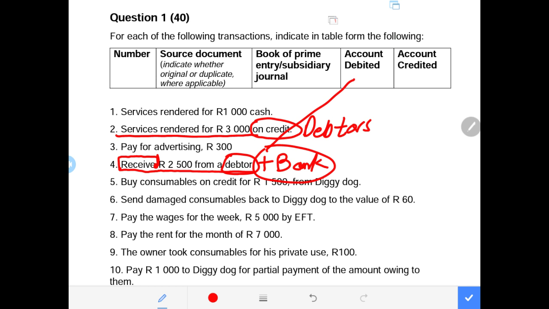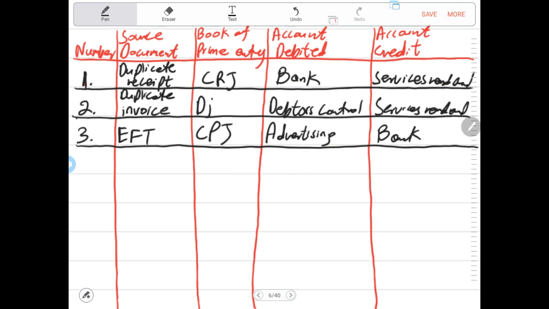So if a debtor is paying their account now, that means the account of the customer must decrease. The account of the customer called debtors control decreases on the credit side. If you remember previously, when we rendered the service to a customer, we recorded debtors control on the debit side.